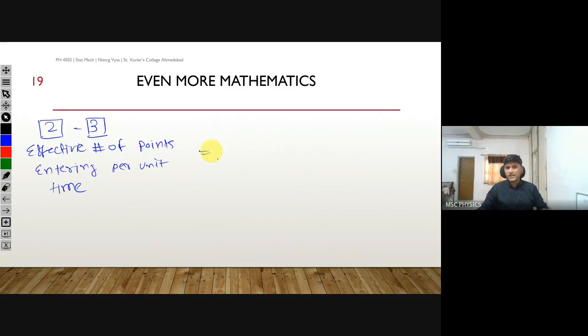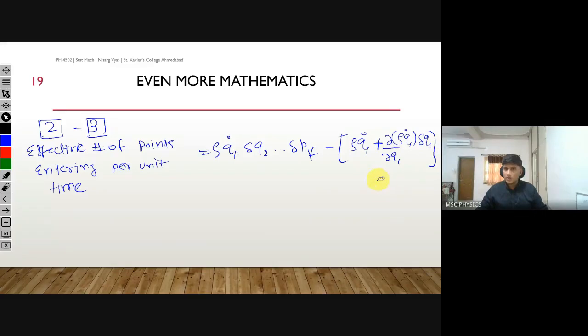It is given by 2 minus 3, and if you do 2 minus 3, it is rho Q1 dot into delta Q2 up to delta Pf, minus this another number 3, which was rho Q1 dot plus del by del Q1 of rho Q1 dot into delta Q1 into delta Q2 up to delta Pf.